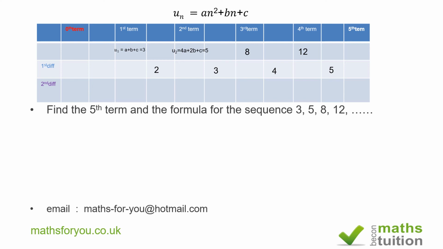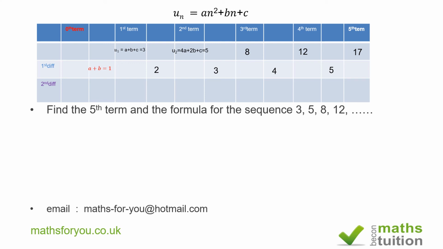So the first difference between the first term and the zeroth term is going to be 1 there. So the fifth term is 17, 5 plus 12 is 17. So the fifth term is 17, and the first difference between the first term and the zeroth term is 1.